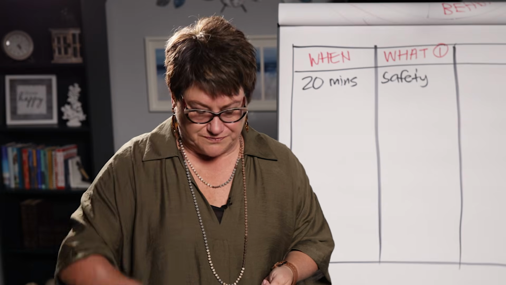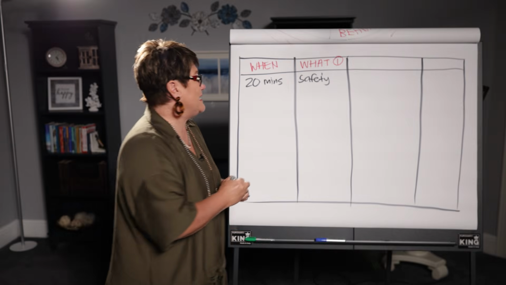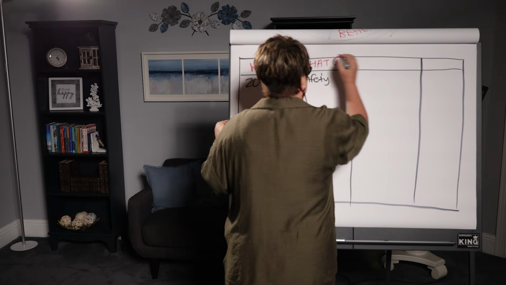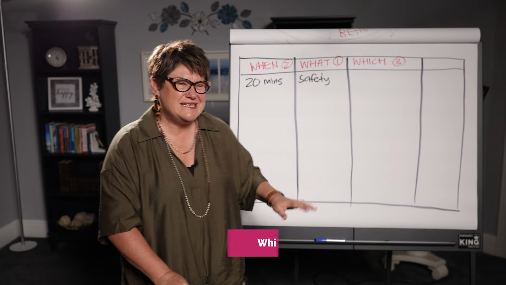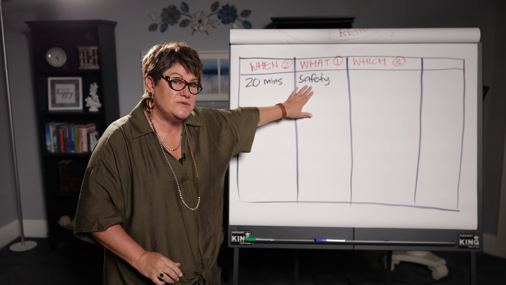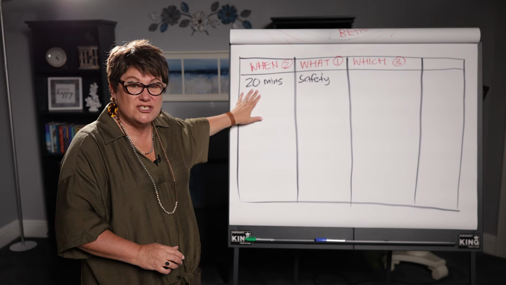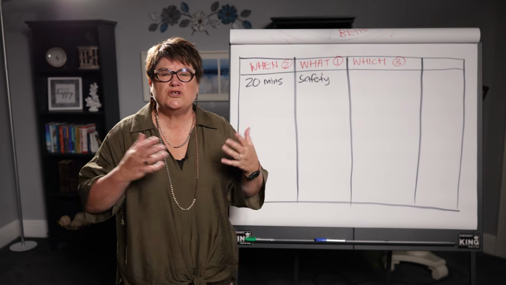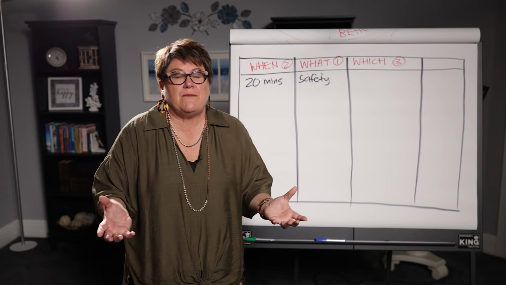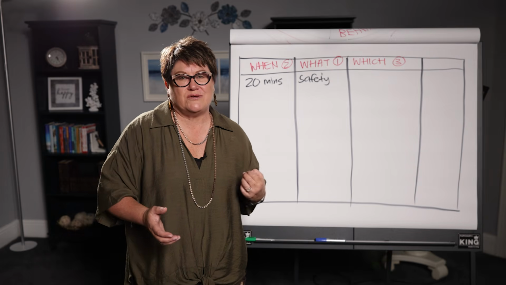That's step 2. And then step 3 is the which column, which is, if this is what I'm trying to achieve and this is how much time I have to achieve it in, which activity, which process, which framework am I going to use to make that possible?